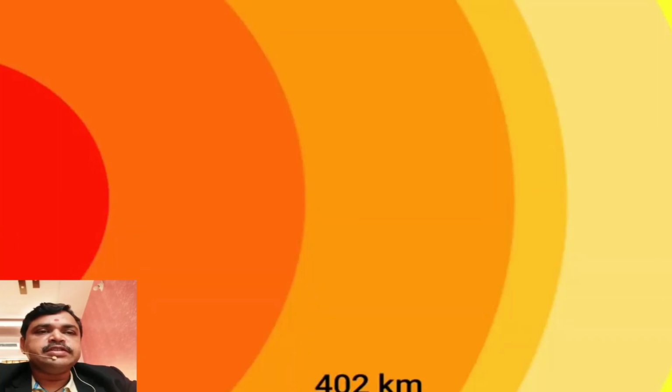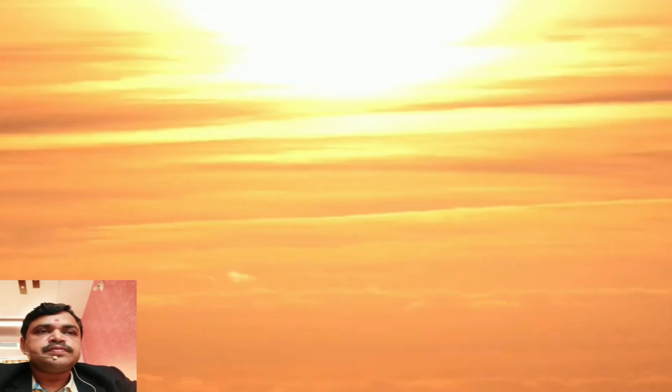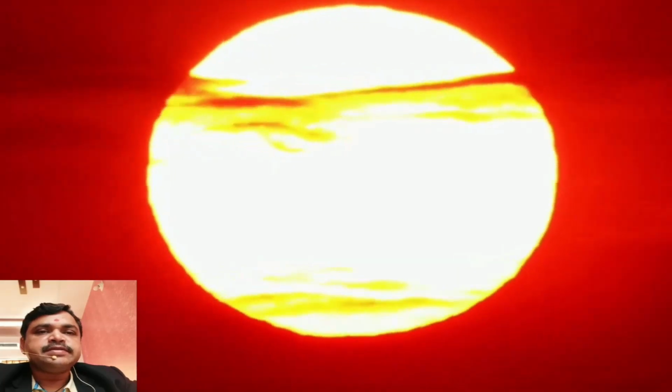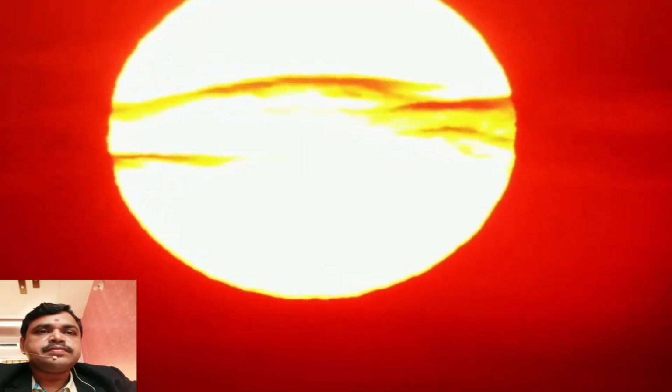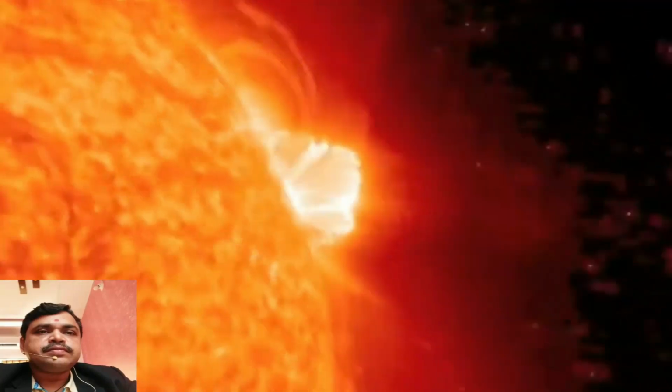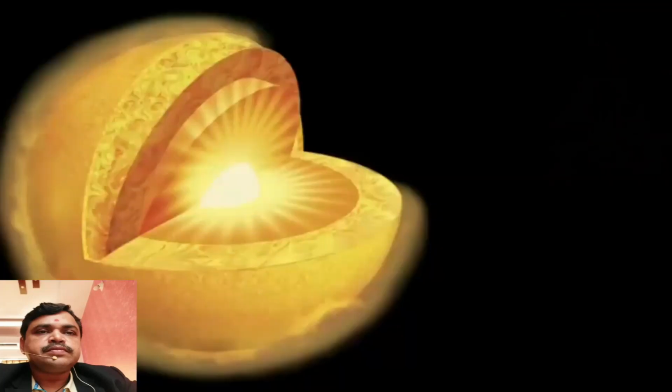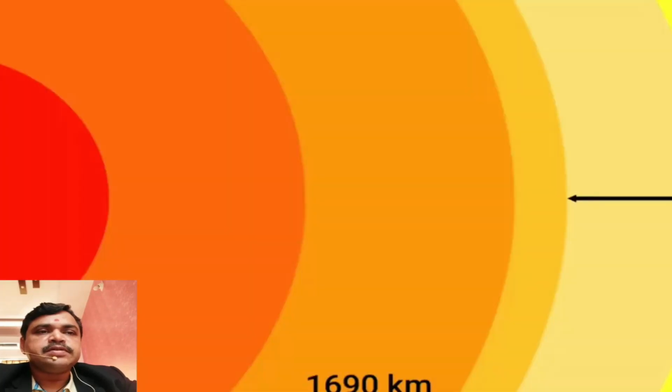Its distance, temperature, photosphere is like this. And chromosphere.